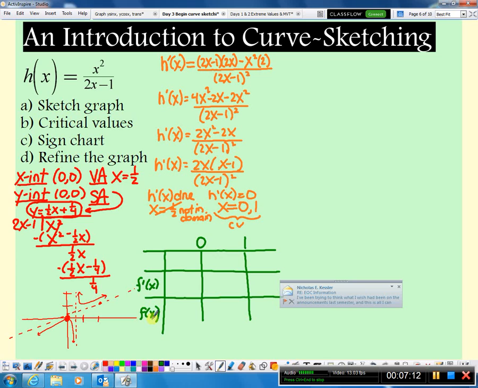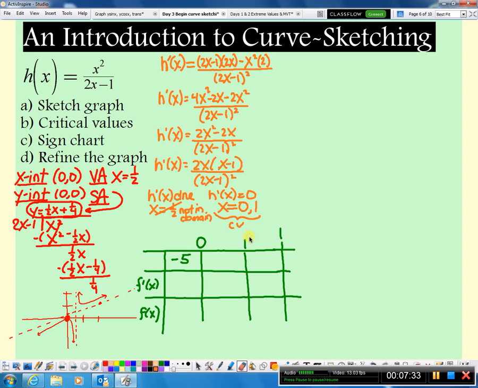Between 0 and 1, I can't pick a half because a half is not... You know what I'm going to do? Let me amend this, and I can do this pretty quickly. I can't pick a half because 1/2 is not in the domain to begin with.